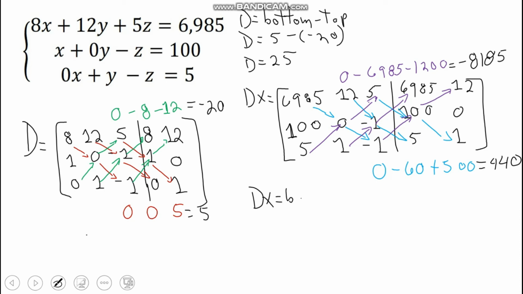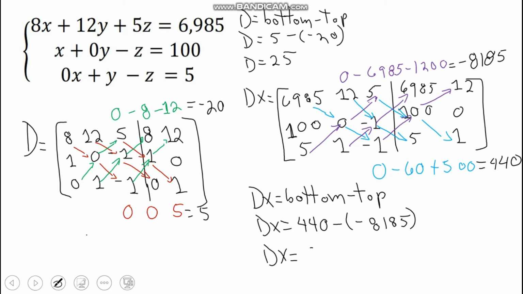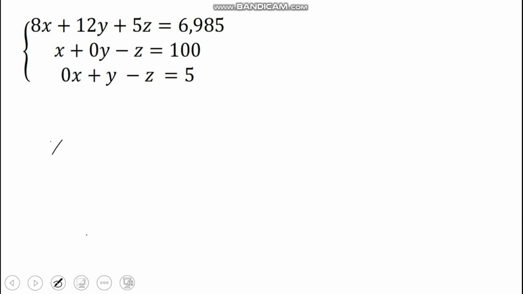And to find dx, we'll subtract the bottom minus the top, which is 440 minus negative 8,185, giving us 8,625. Then with this number, we'll divide it by 25, which is the determinant.